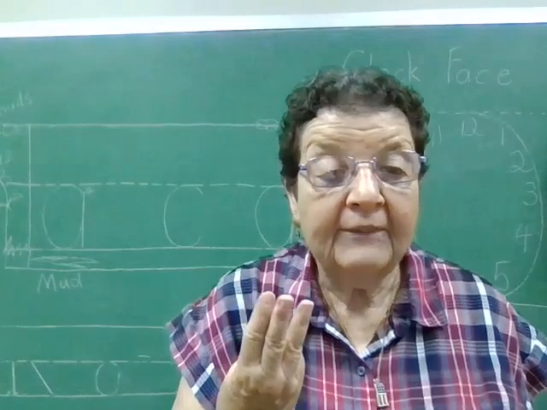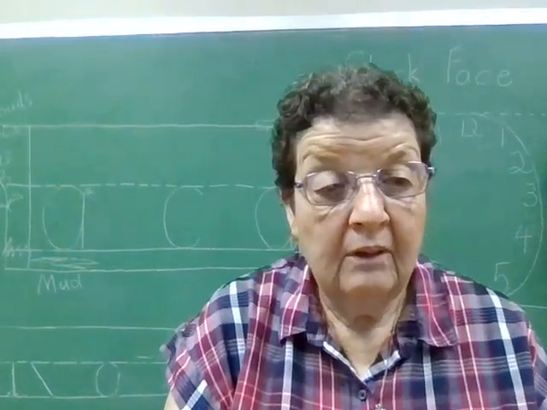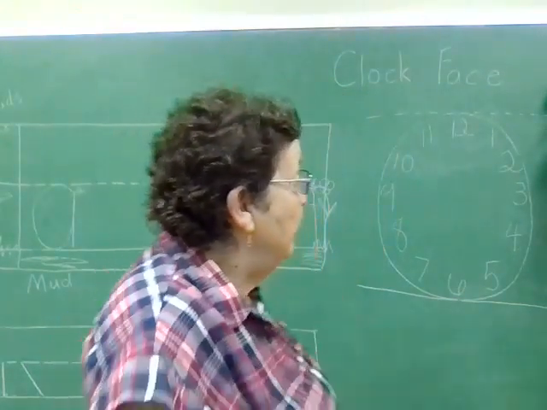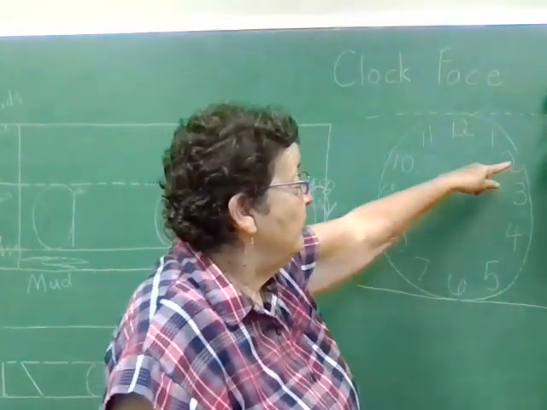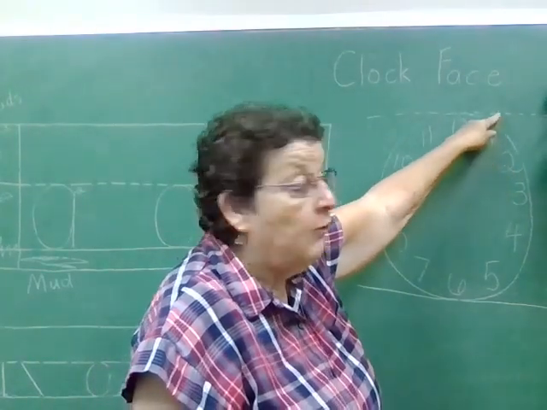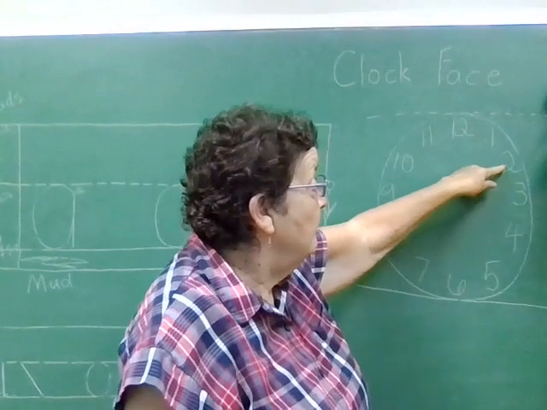Now let me show you on the clock face without the letter. We're going to start at the 2. That's going to be right below the broken line or the flower line, which is the middle.